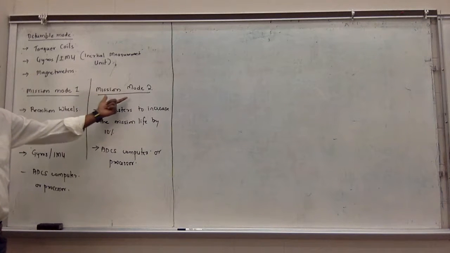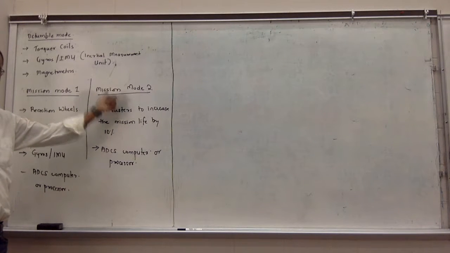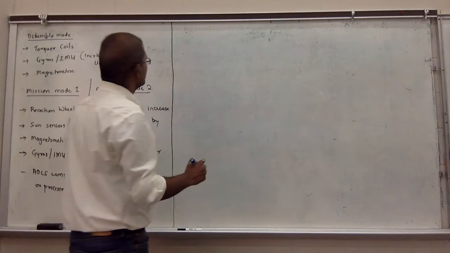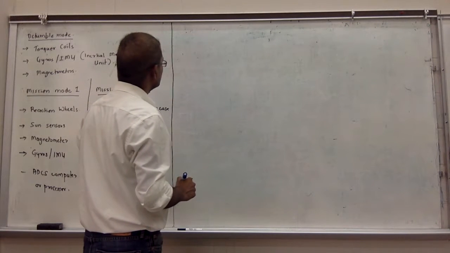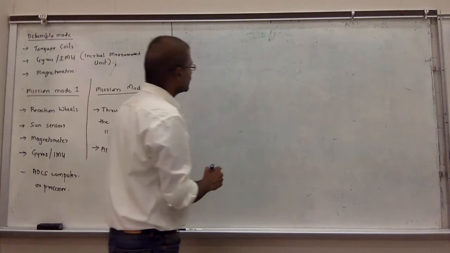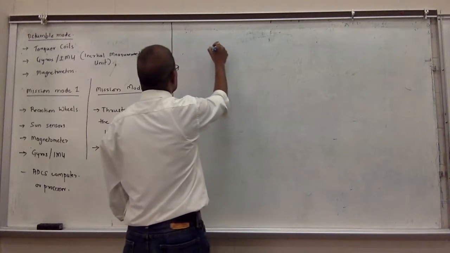You want me to discuss mission mode 2? How it, the flow chart? Okay. So let's say you complete mission mode 1, okay? And what do you do? Now I want you to understand this particular flow chart.